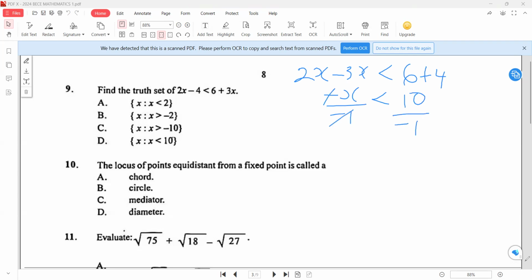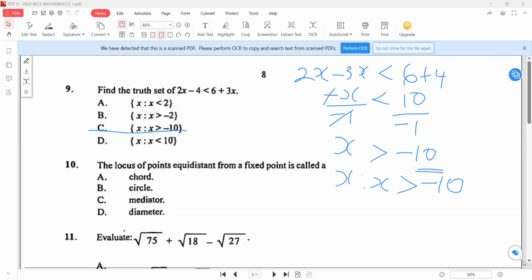The rules of inequality say that if we divide through by a negative number, the sign must change. So x should be greater than 10 over negative 1, which becomes negative 10. Once the truth set, x should be greater than negative 10, and that is option C.